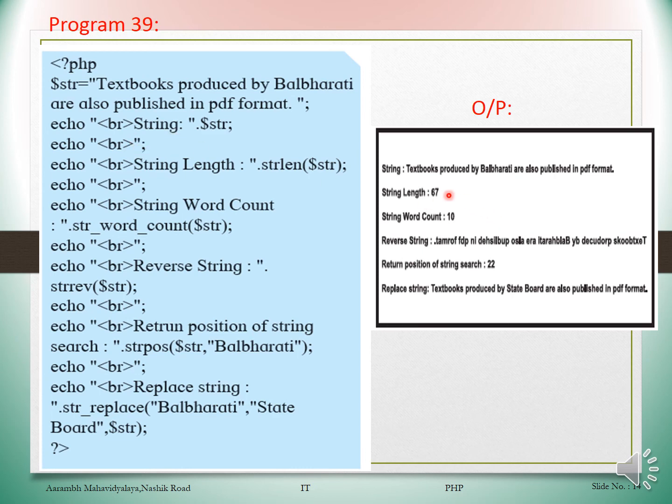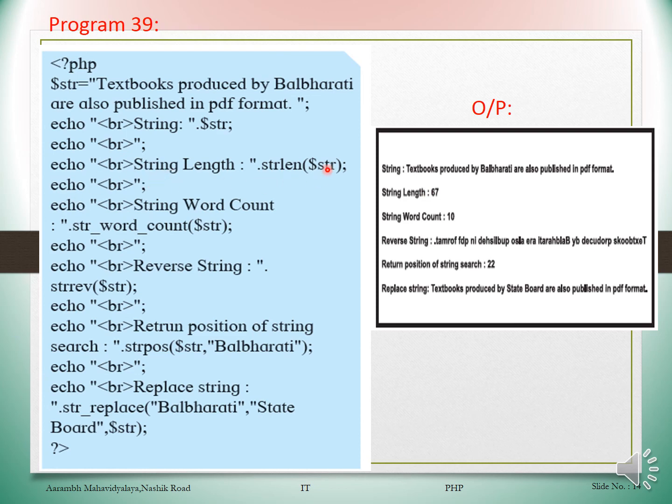String is, here the string data will be displayed as it is. To display the string we have to use the variable, therefore dot str is used, and this will display the provided string as it is in the output. Then again a break is provided to display the next data on the next line.